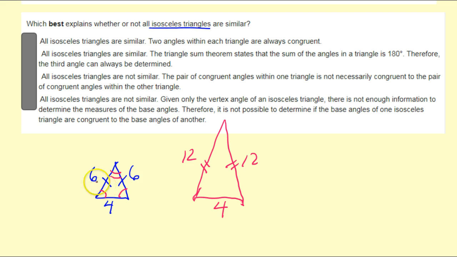So we could say that the side lengths are not proportional, because I will not get the same ratio if I match these up. If I do the 6 and the 12, for example, that's 1/2. But if I do the 4 and the 4, that's 1. So I don't get the same ratio, so they're not proportional.